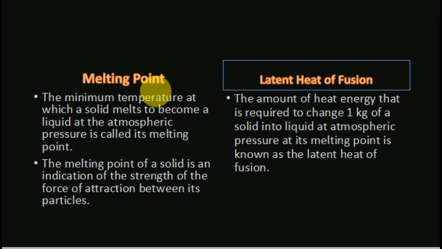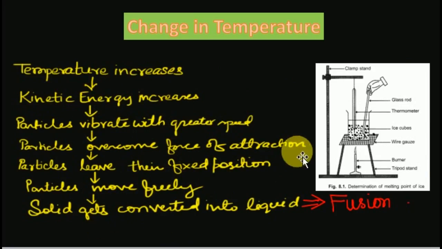The minimum temperature at which a solid melts to become a liquid at atmospheric pressure is called its melting point. When we provide heat at constant pressure, it will start to melt. When we reach a particular temperature, this solid ice cube will start to melt into liquid.